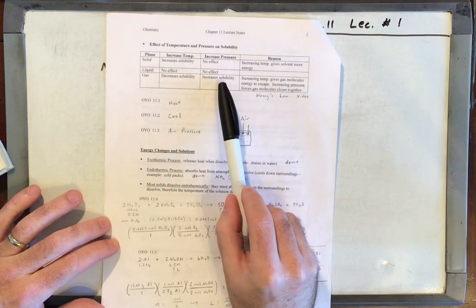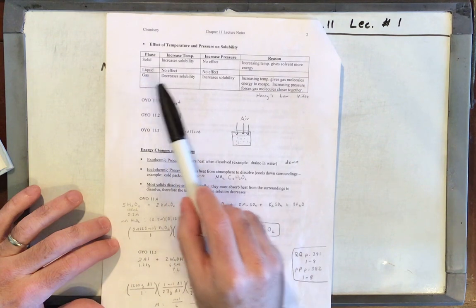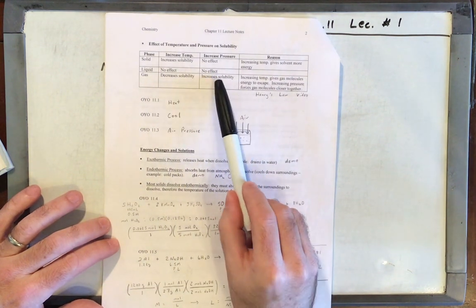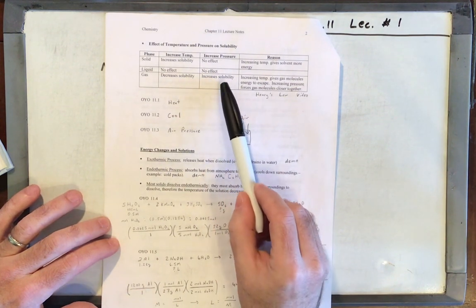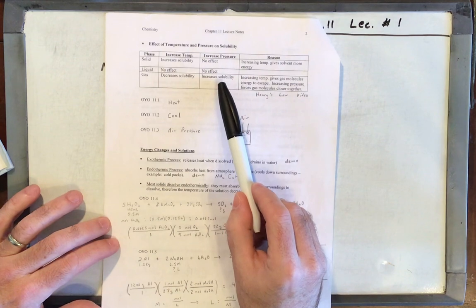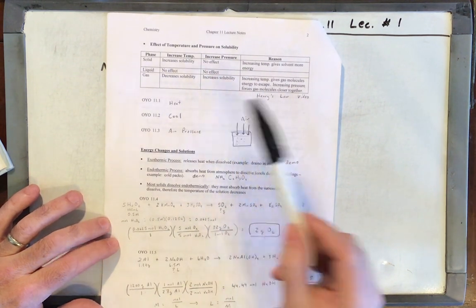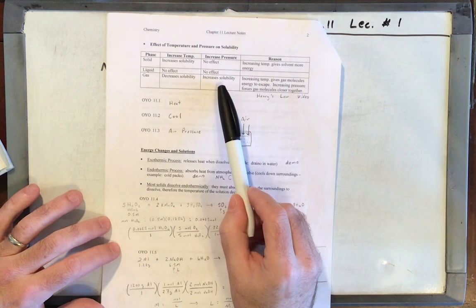On pressure, however, if you increase the pressure of a gas, then that would increase the solubility. The pressure is a way of holding those gas molecules down into the liquid. That's why the contents of a carbonated drink are under pressure. When you take the cap off, you hear that psh. The contents are under pressure to help keep the gas dissolved.